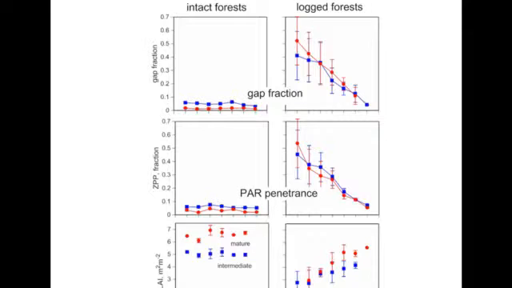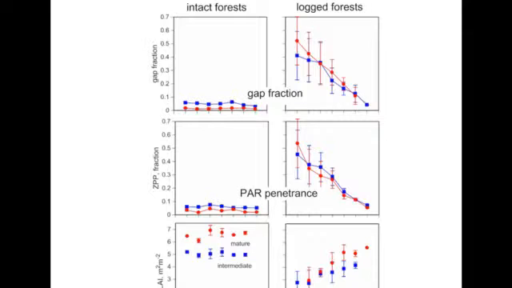In fact, our mature forests only allow around 1% to 2% of the light to penetrate, and the intermediate ones, it can be 3% to 5%. The logged forests, which were extremely open to start with, 50% and more, depending on what kind, have recovered steadily in the gap fraction, so that right now, this last year, they were indistinguishable in some cases from the intact forest.